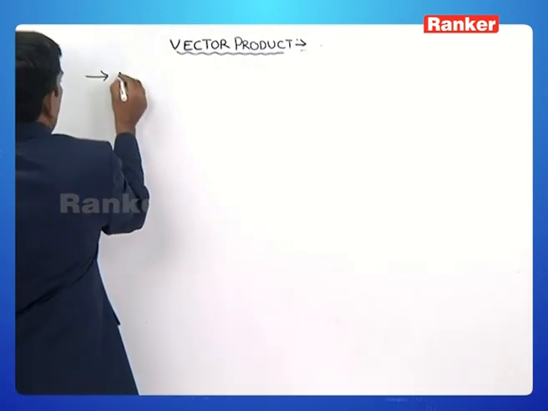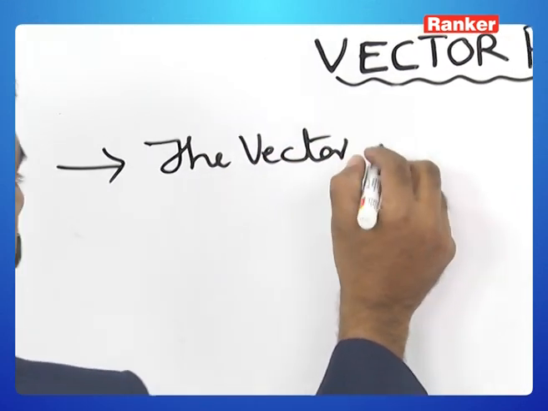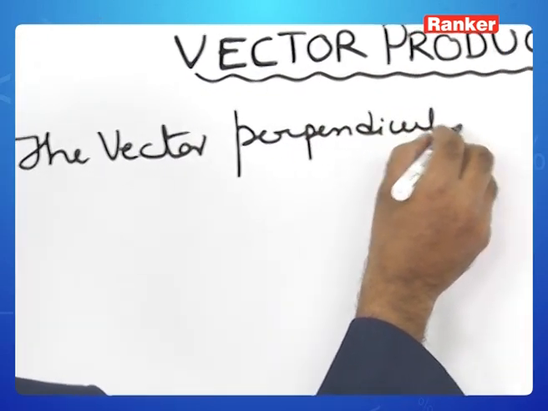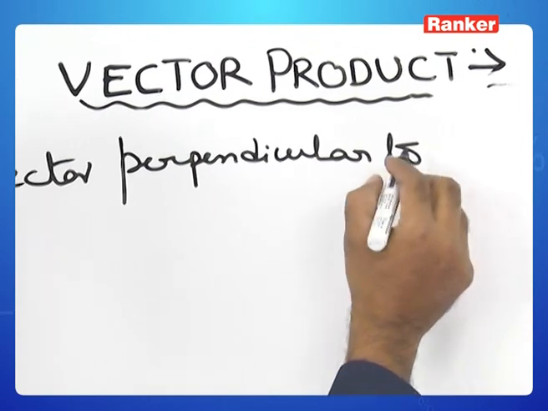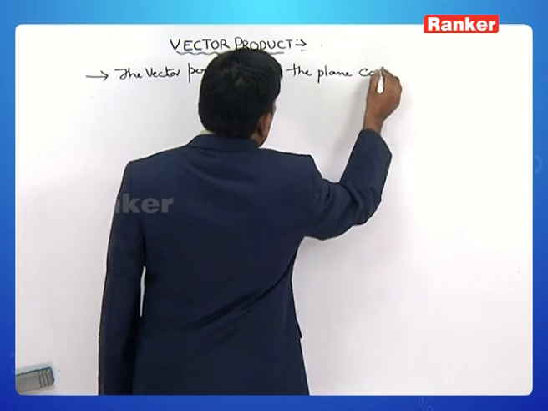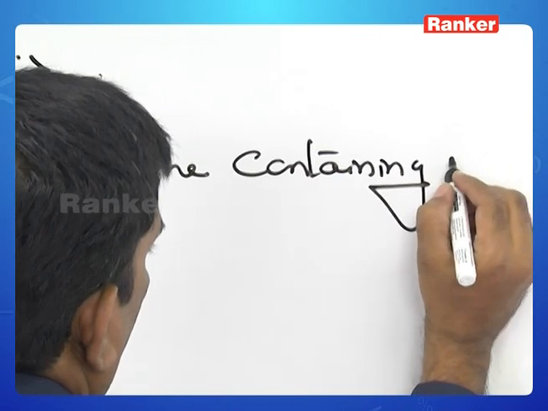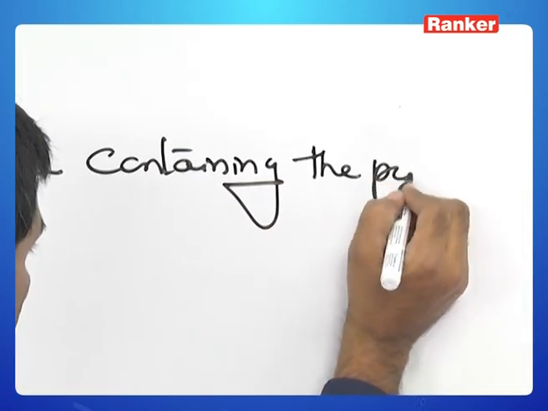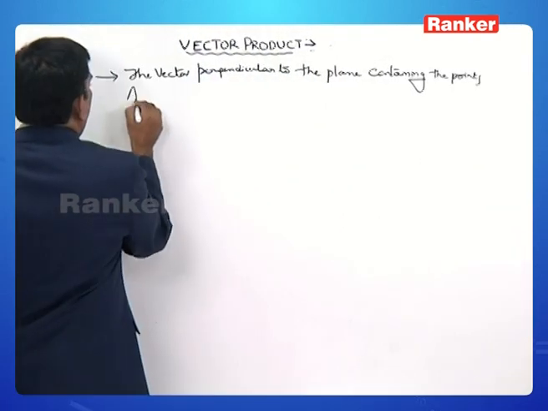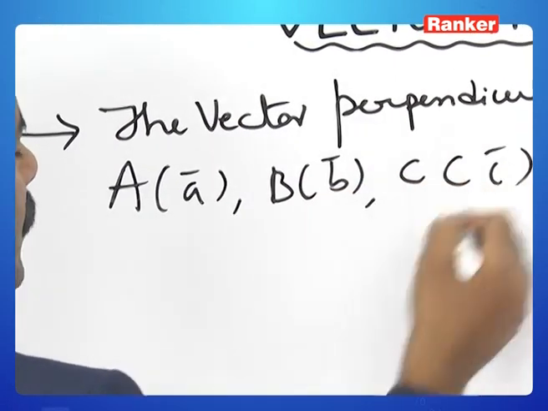I want to find out the vector perpendicular to the plane containing the points A of A bar, B of B bar, C of C bar.